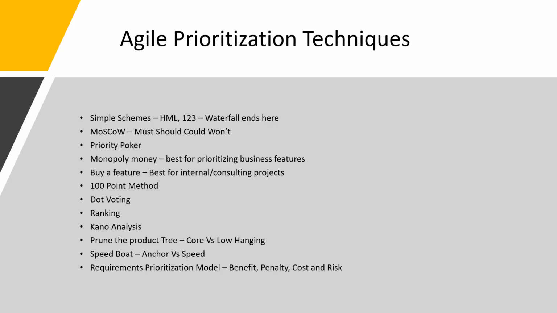The second one is the most famous agile prioritization technique, MoSCoW. It has an abbreviation suiting a city name. That's why it is famous. That's what I think. Here, when you are prioritizing at any level, even at the sprint level, you say, what's a must-have feature? What's a should-have feature?